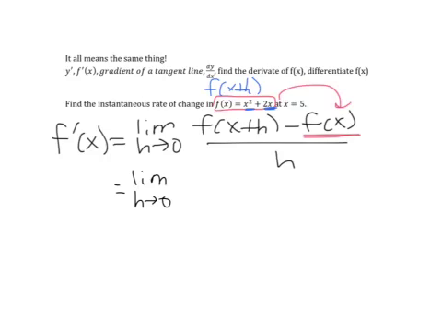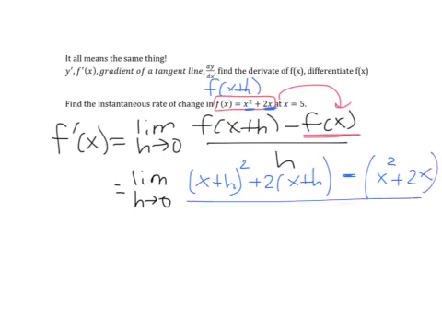So I'll have x plus h, quantity squared, plus 2x. You're going to replace that with x plus h. And then here you need to be careful because we have minus f of x. Minus f of x, which is again x squared plus 2x, all over h.